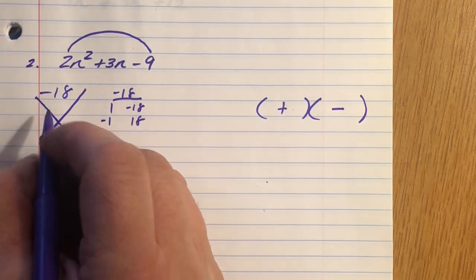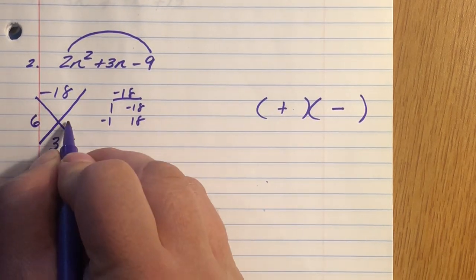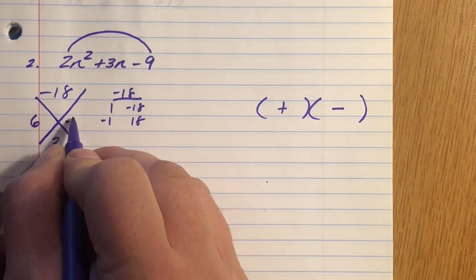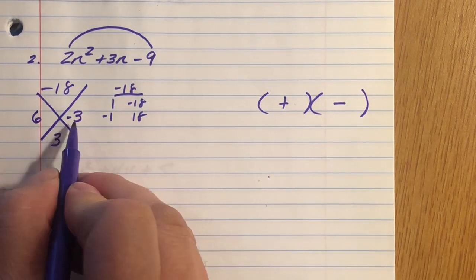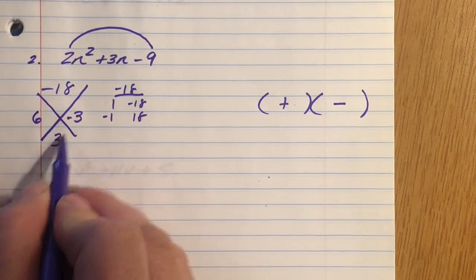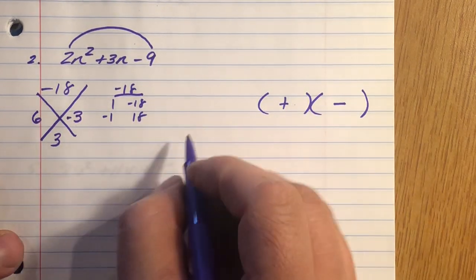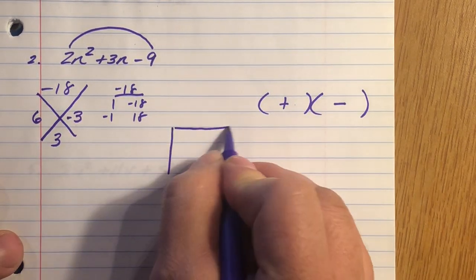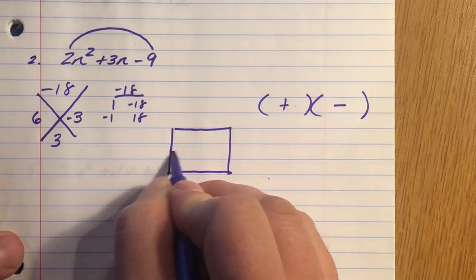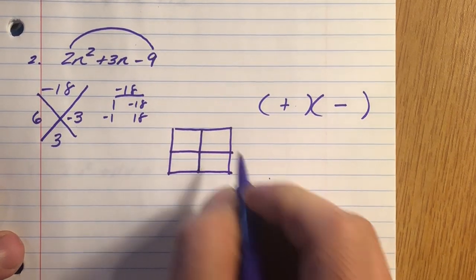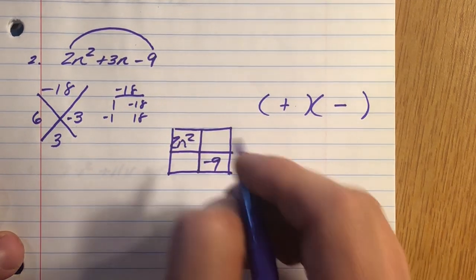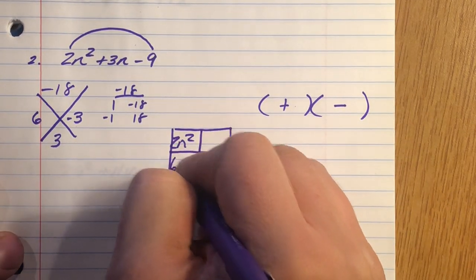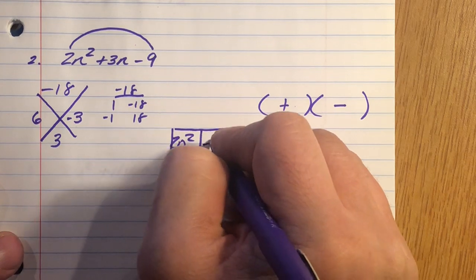So I'm thinking a positive 6 and a negative 3. Those two will multiply to negative 18 and they add to 3. So I'm going to use my box method here. I'm going to get 2n squared, negative 9. I'm going to get 6n, negative 3n.